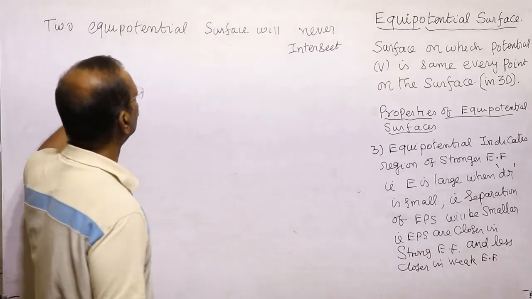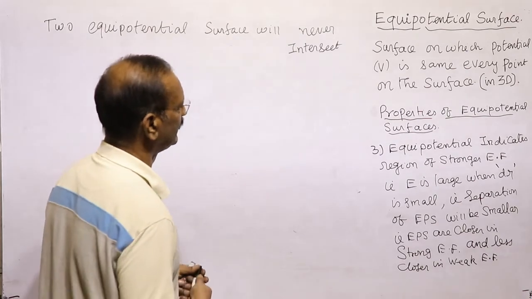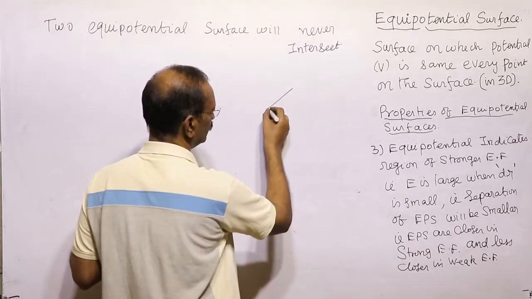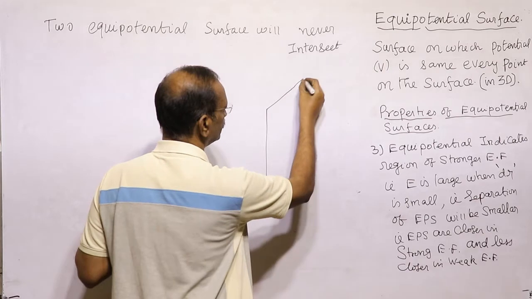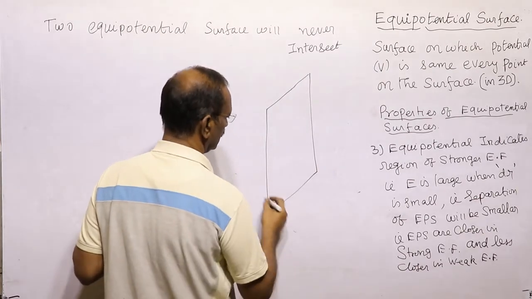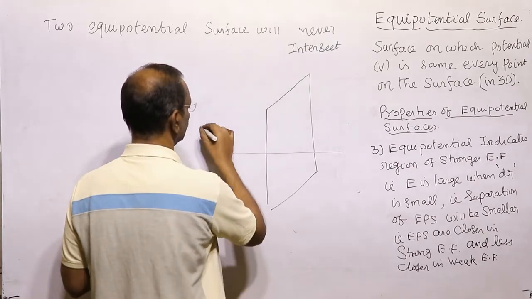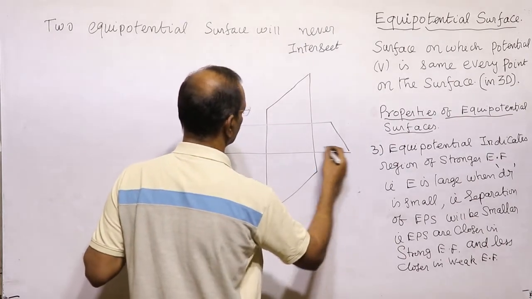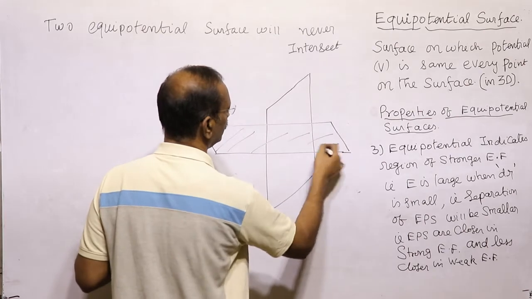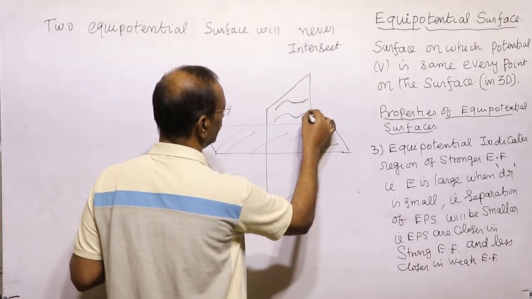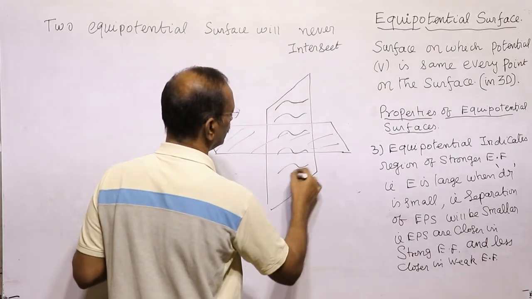Fourth point, two equipotential surfaces will never intersect. Suppose we say this is one equipotential surface and it is intersecting with another equipotential surface.